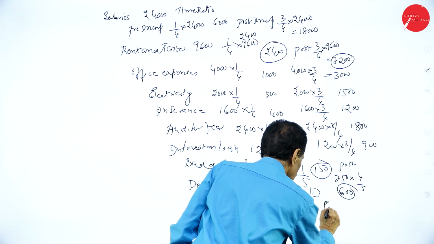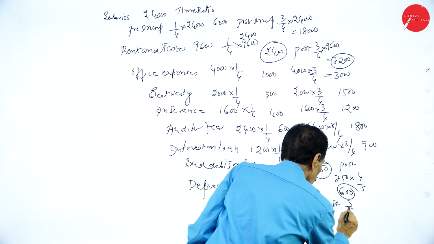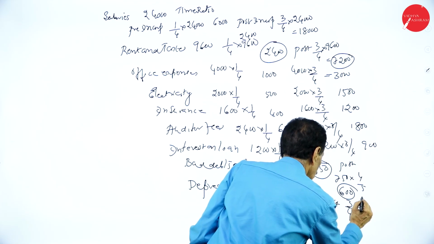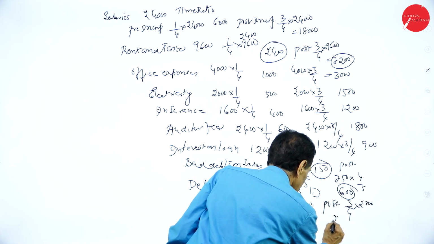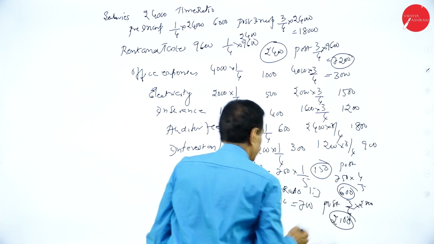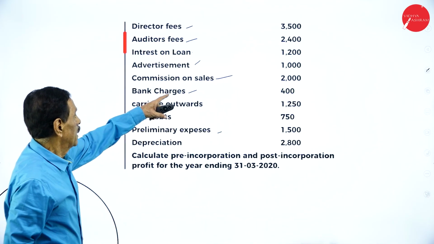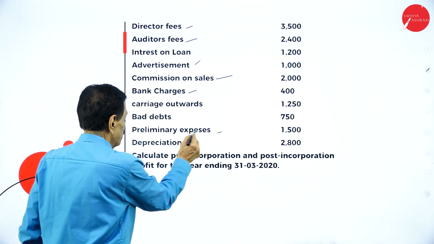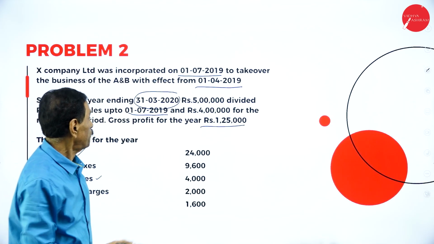Post: 3 by 4 into 2,800, 2,100. So we have divided everything. Then this preliminary expense will come on post incorporation.